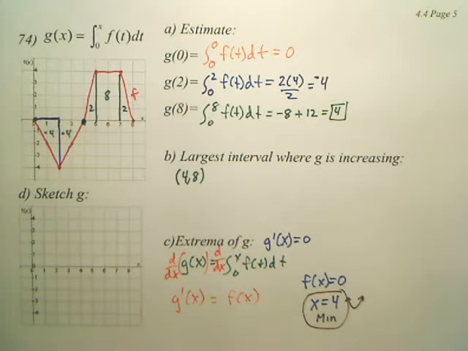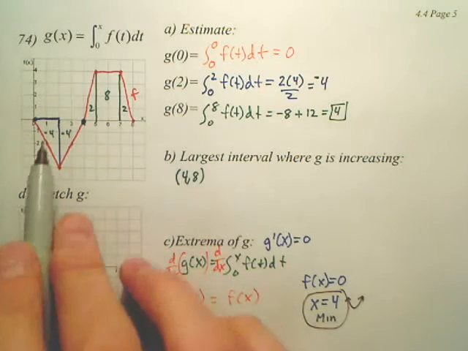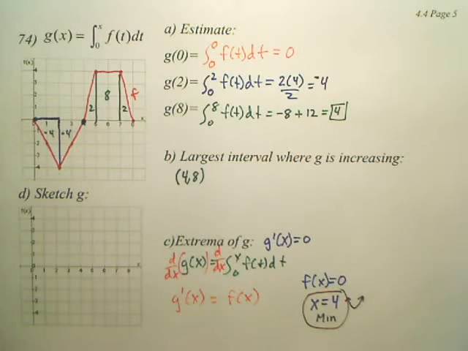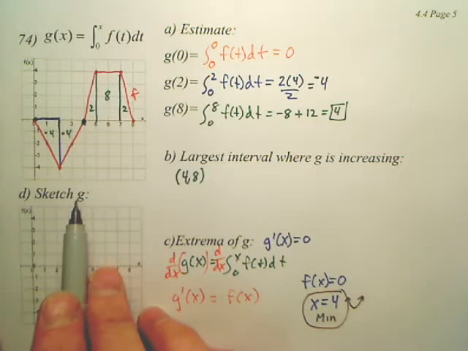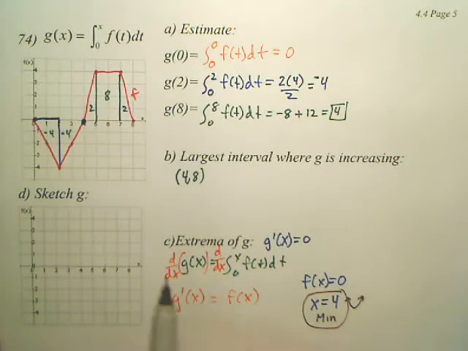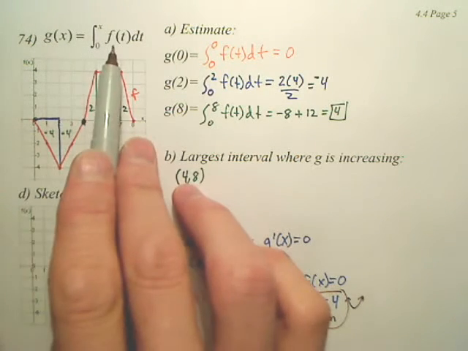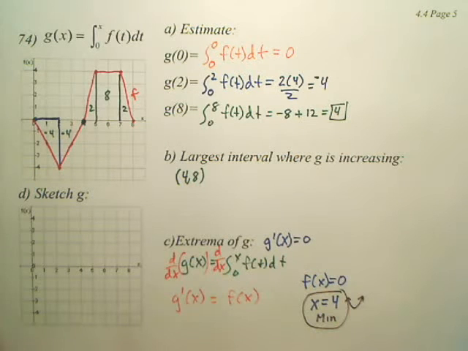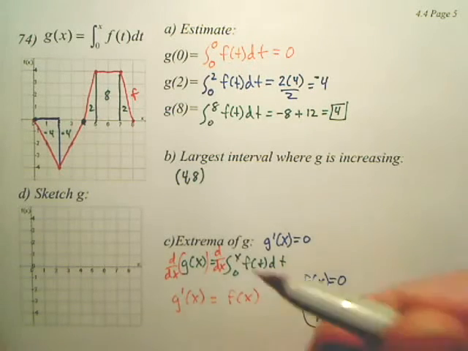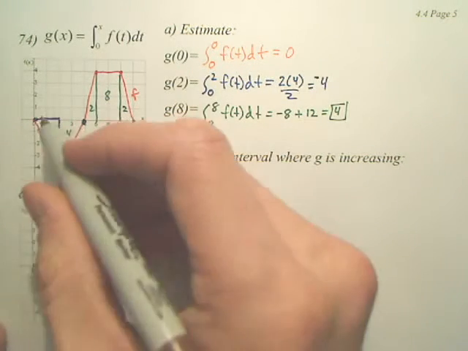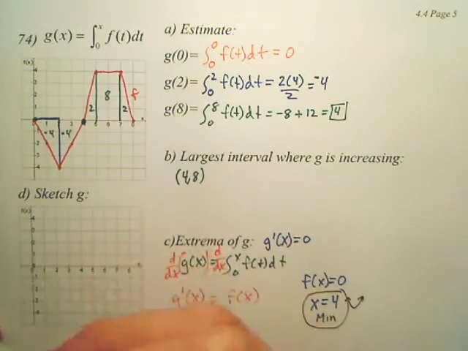All right. Last question. We're going to sketch this graph. Now remember, if we're sketching g, isn't g the integral of f? So, if f of x is right here, do you guys understand that they're both going to start at 0?